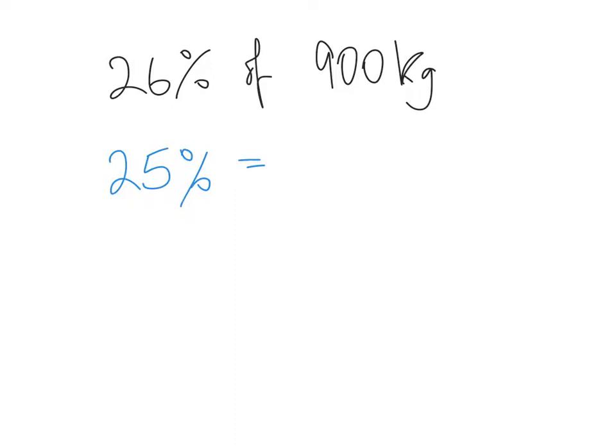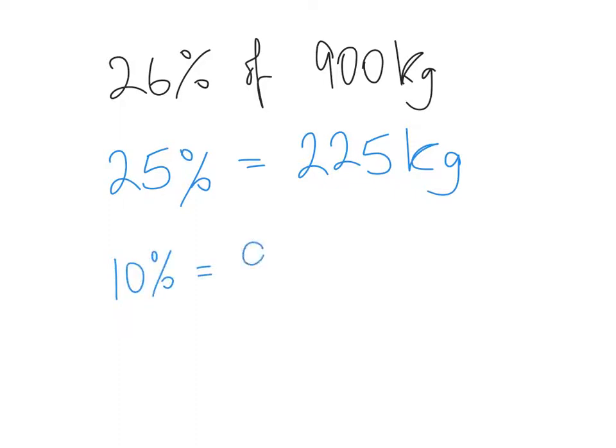Miss Wilson would have told you yesterday that you'd find 25% by dividing by 4. And 900 divided by 4 is 225 kilograms. Now we're going to find 1%. So I like to find 1% by finding 10% first, which is just 900 divided by 10, which is 90.